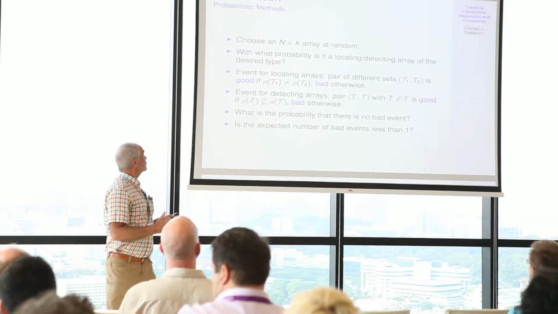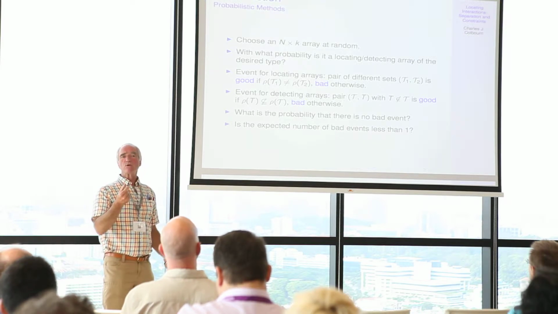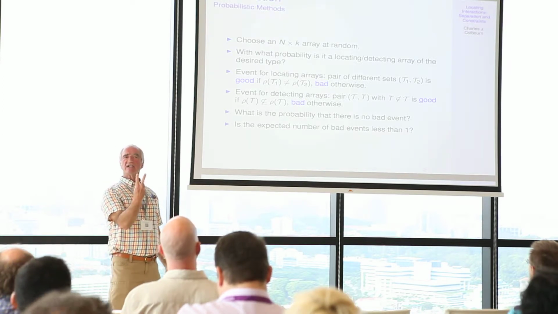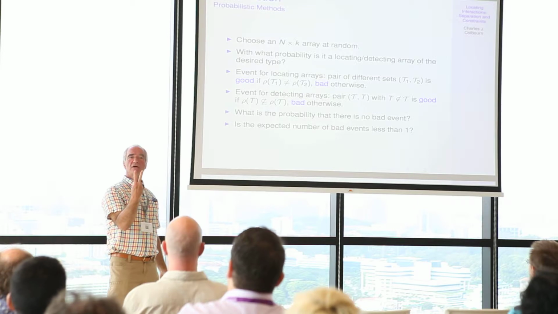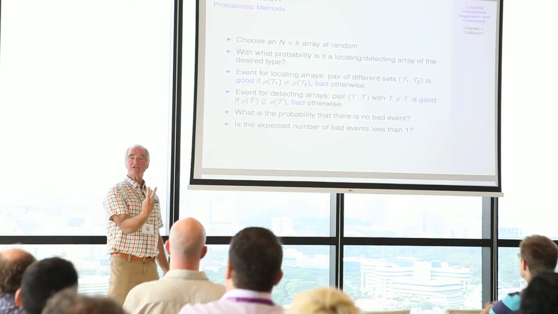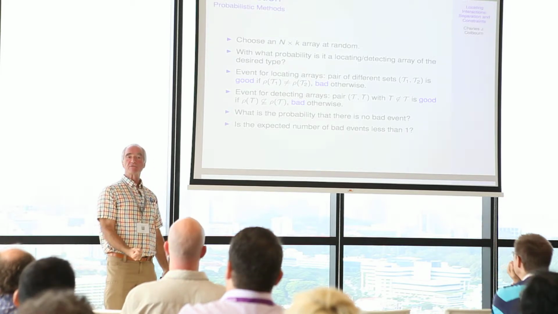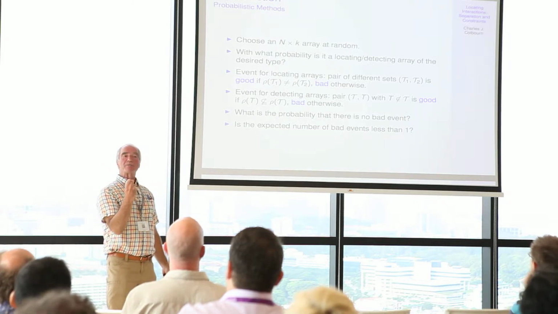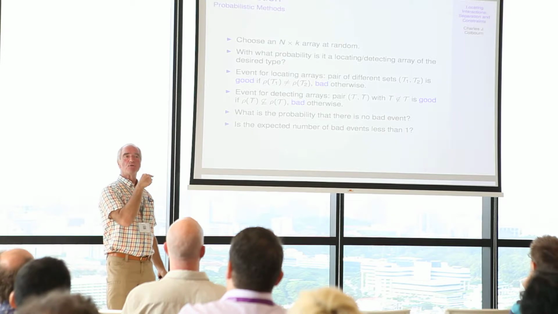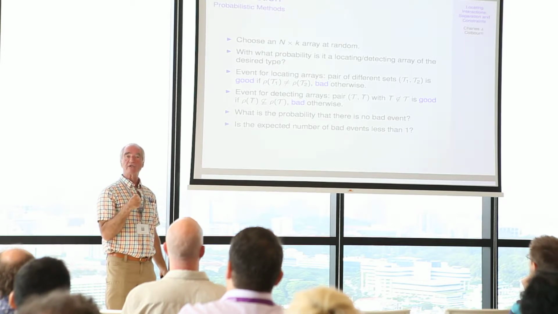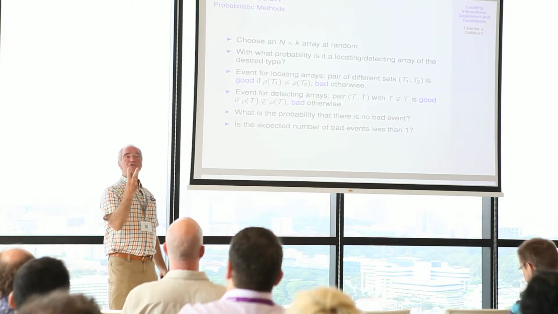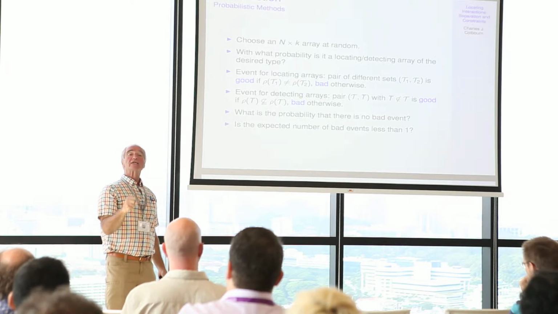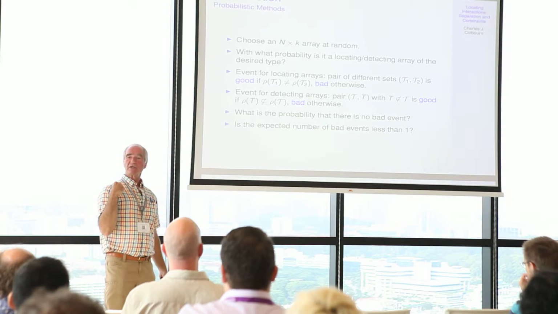So for locating arrays, the events I will look at is just identify the pair of sets of interactions that must appear in different rows. And then we can say that pair corresponds to a good event for this array that we've chosen if those two sets of interactions appear in different sets of rows. And it's a bad event if they appear in the same set of rows.